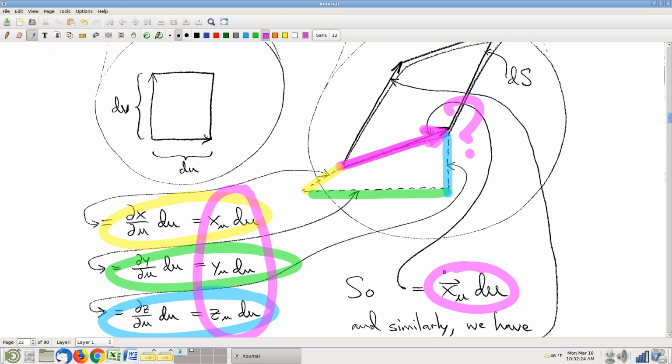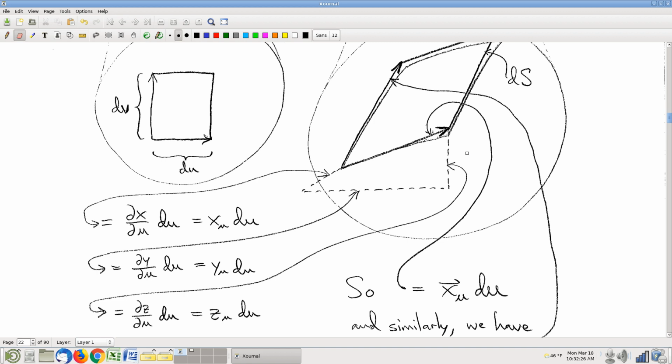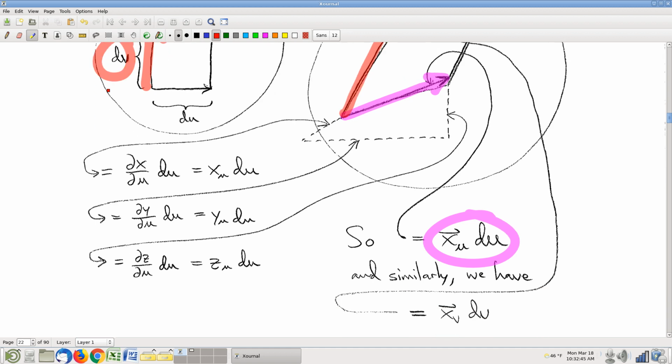Okay. So the punchline of that calculation is that this vector is computed by that formula. Now, of course, we do next have to figure out what that other vector is. That vector just says, suppose I move in the v direction, holding u constant, by some amount dv. By an analogous argument, we get x_v dv.